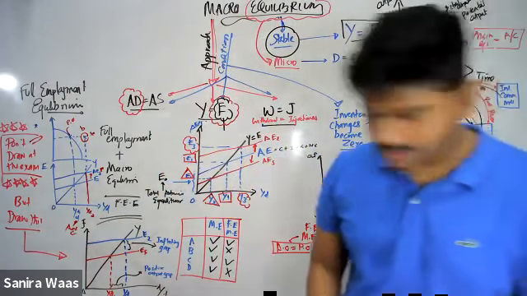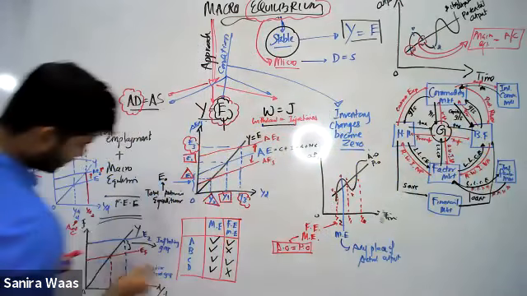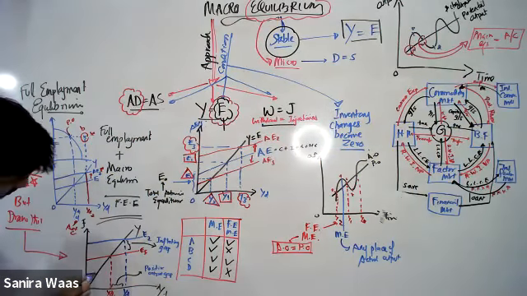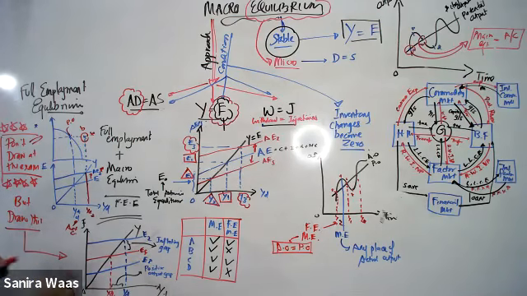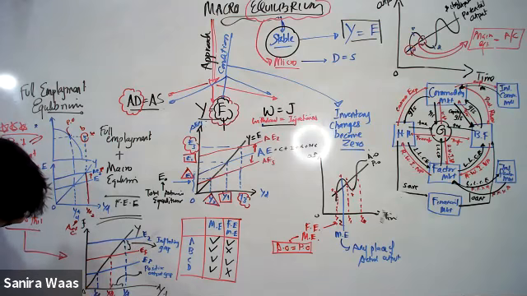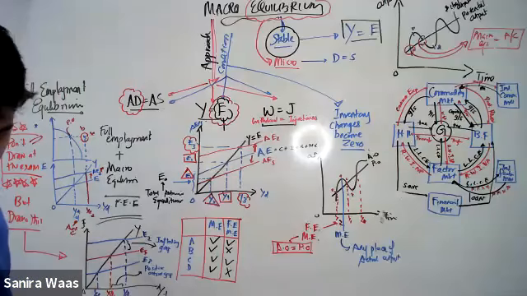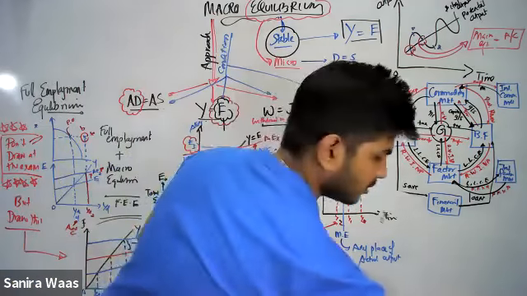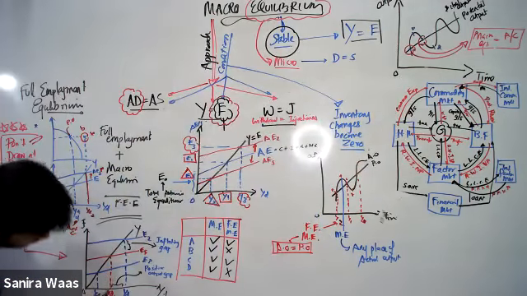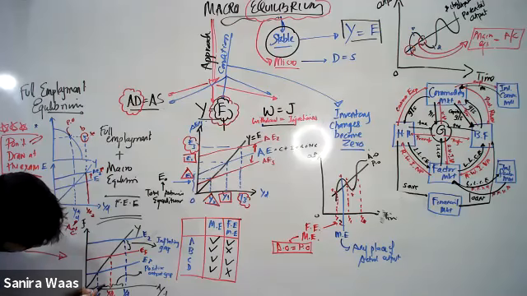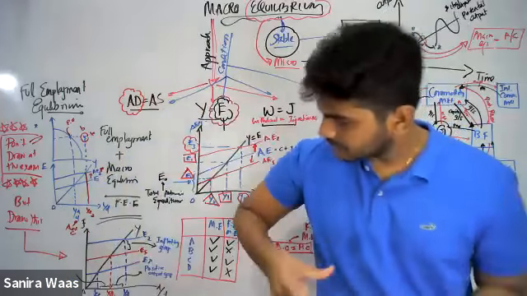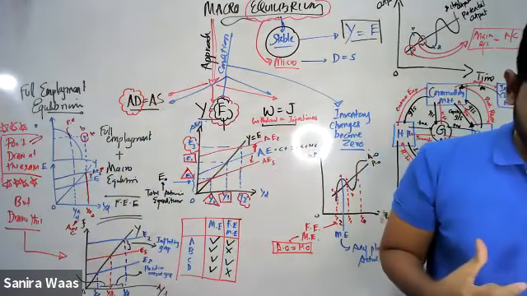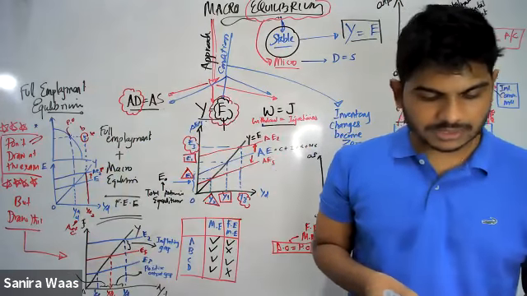Now the next one. By any chance, the economy has a little downturn. Right. Now you have this is 2, this is 3. Now tell me what's the difference between these two. What is the difference between YF and Y2, Y3?